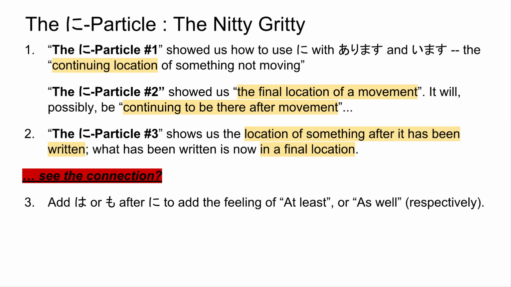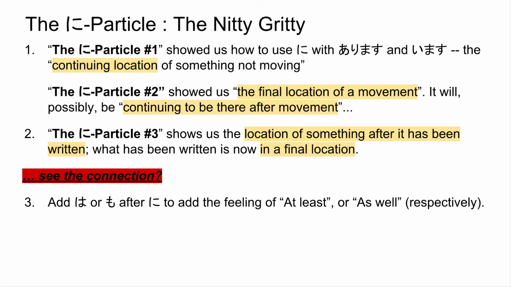It will possibly be continuing to be there after the movement. So it showed us that if you go to the school, gakko ni ikimasu, you will arrive at the school and you might stay there for a while. And that shows you the idea of the final location of movement.